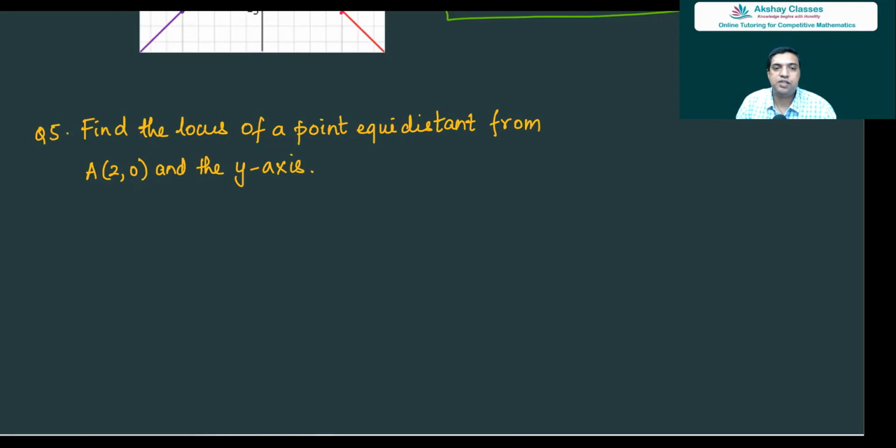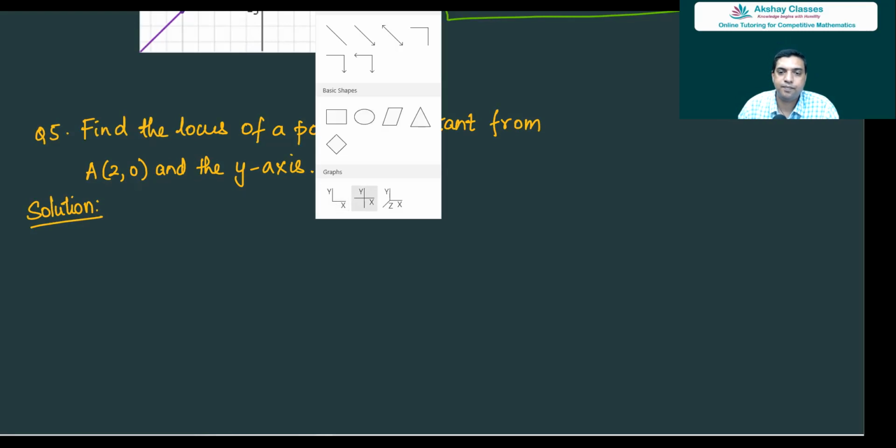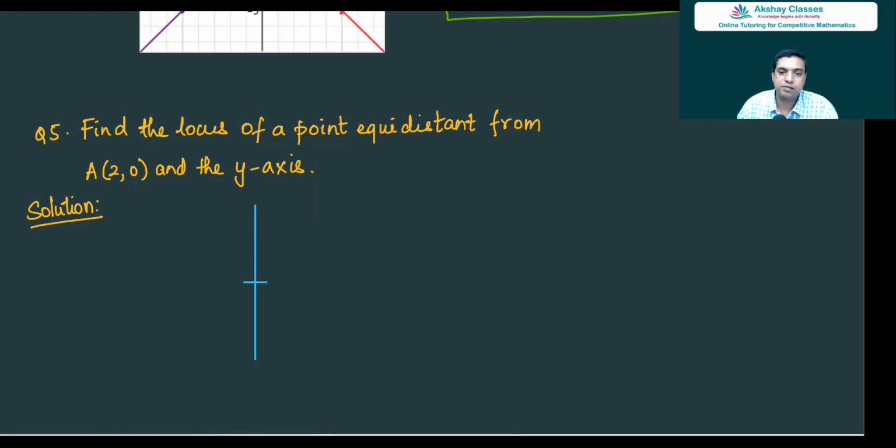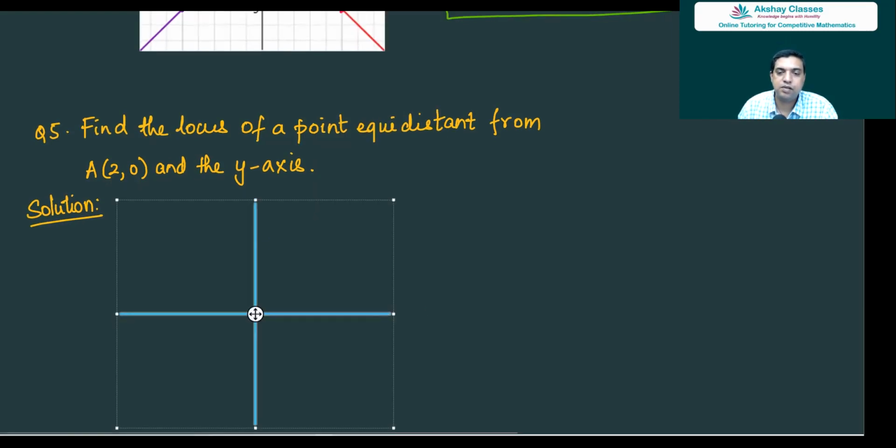So let's do this. Solution. So this is the x-axis, this is the y-axis. Now this is A (2, 0) and the y-axis.